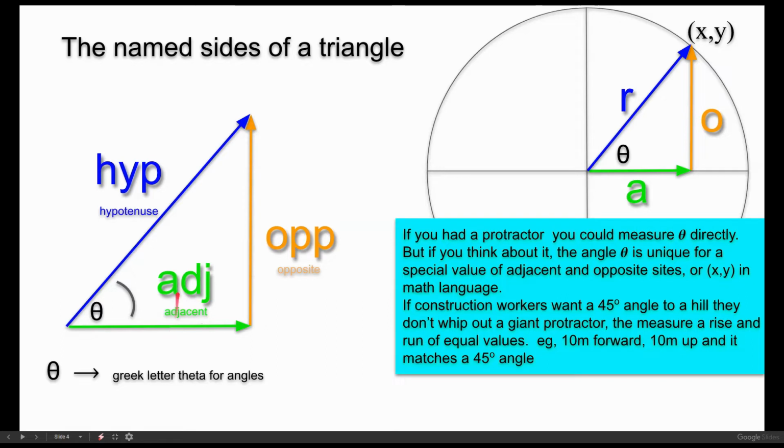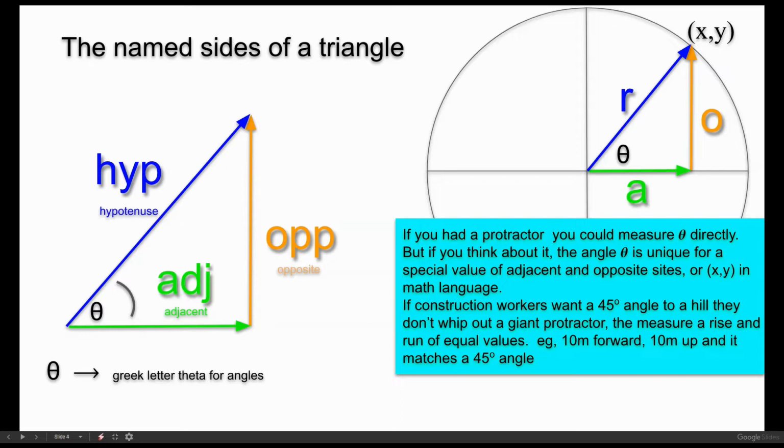When you try to draw an angle, you typically start on the x-axis and you swing up a certain angle and then you may travel a certain distance. This is called a circular coordinate system. You've used protractors before. The teacher might say, I want you to draw a 30-degree line from the horizontal and make it 10 centimeters long.